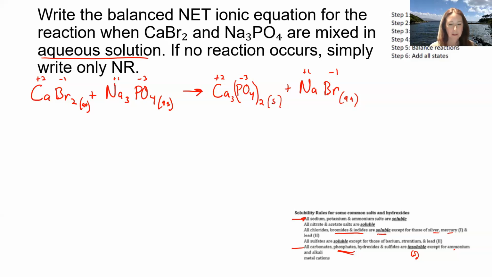All right, now let's not forget to balance this time. I'm gonna leave those charges up there just because we're gonna use them in a second. So when we balance this, right, 2 here, 3 here, 6 here.